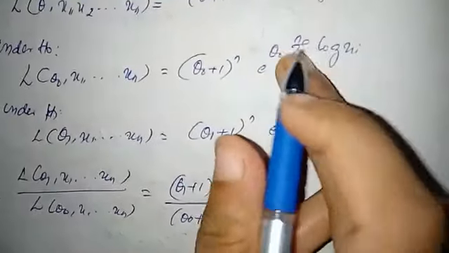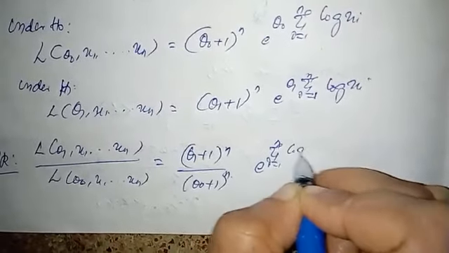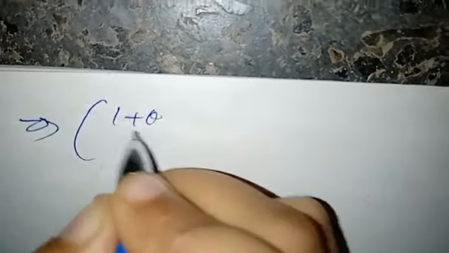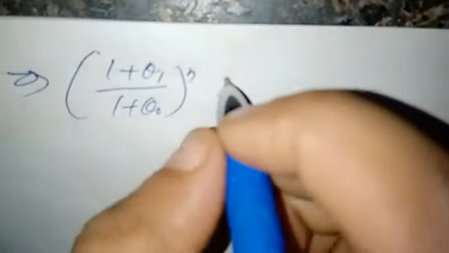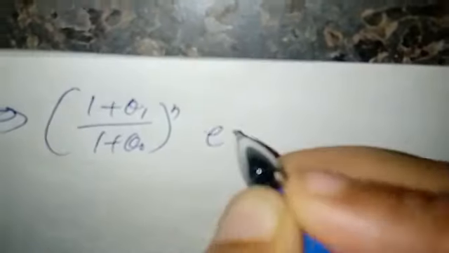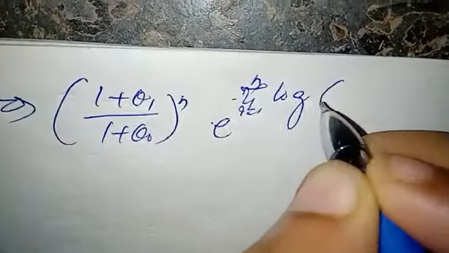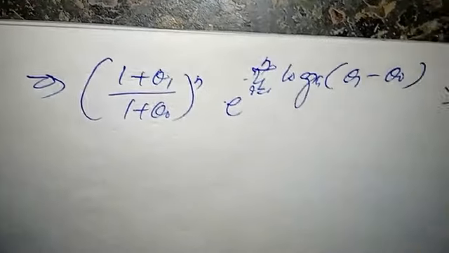Then we can write these terms together: e^(Σ_{i=1}^n log xi (θ1 − θ0)) is greater than k1, which implies ((θ1 + 1)/(θ0 + 1))^n e^(Σ_{i=1}^n log xi (θ1 − θ0)) is greater than k1.